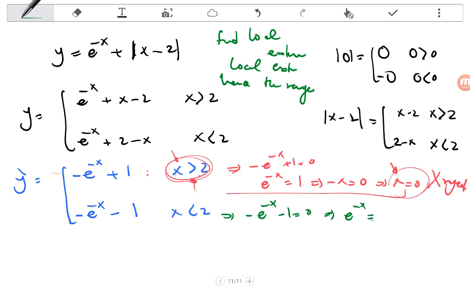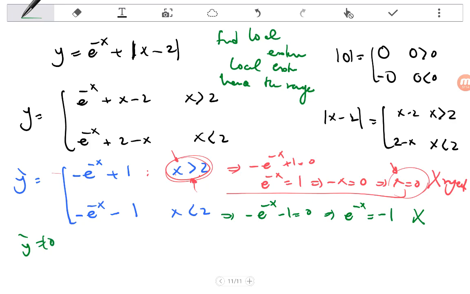So e power minus x equal to negative 1, and this is rejected at first. Why? Because an exponential is never negative. So this y dash is never equal to 0. But I still need to find when y dash goes to infinity, or if it has a pole, or it does not exist. It doesn't have a pole, it is obvious that it doesn't have a pole.